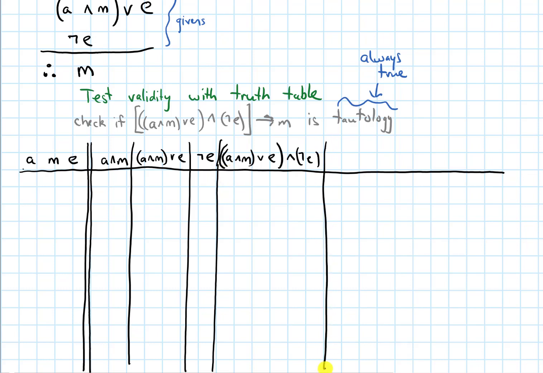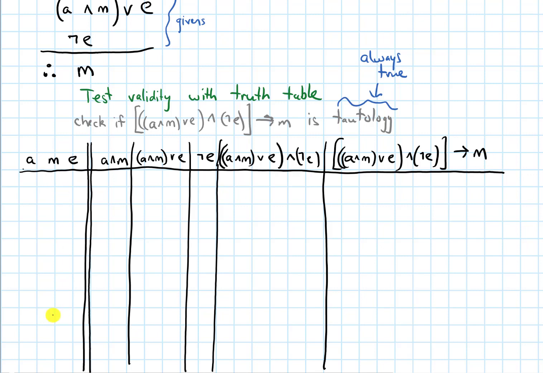So let's put a vertical line. And then finally, I got to do that whole previous thing, implying M. So I got to do A and M or E, big old parentheses, and not E, big old bracket, and this whole thing implies M.